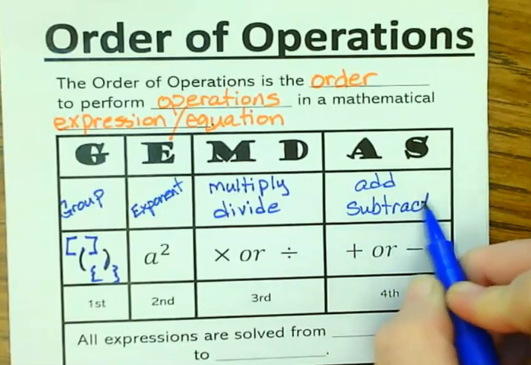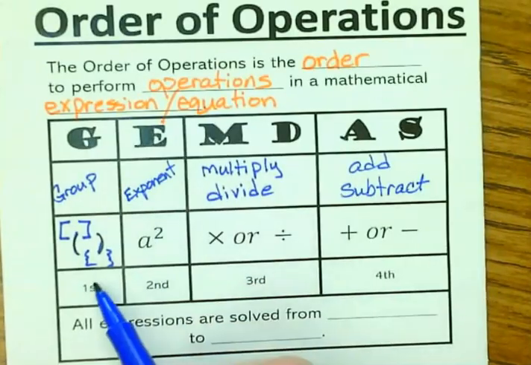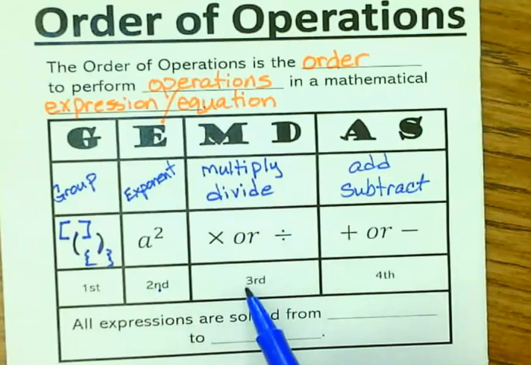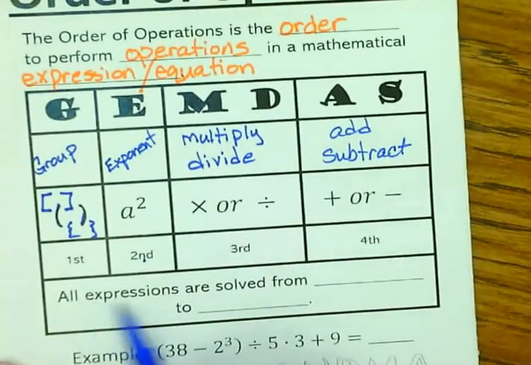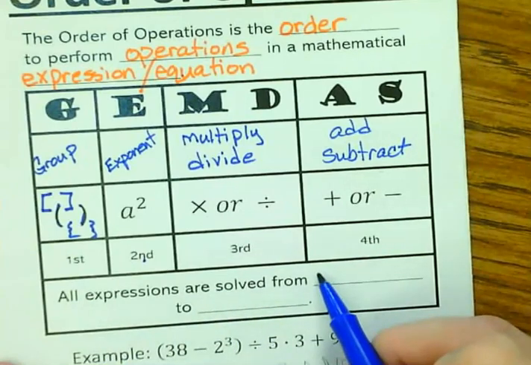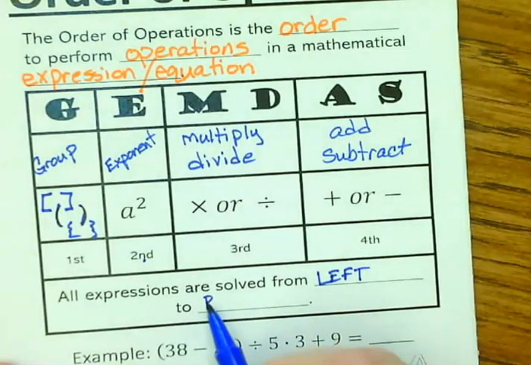Again, in the same box. They're not separate. They go together. We do grouping first. Second is exponents. Multiply, divide third. Add, subtract fourth. All expressions are solved from left to right.